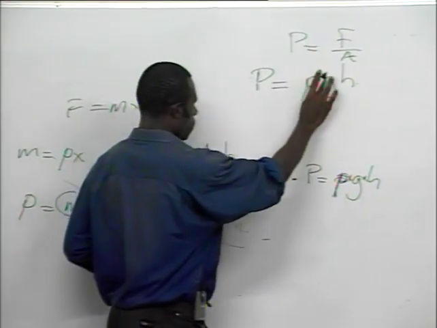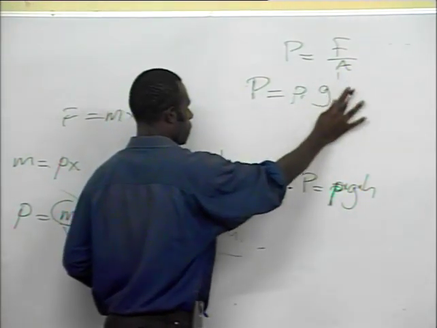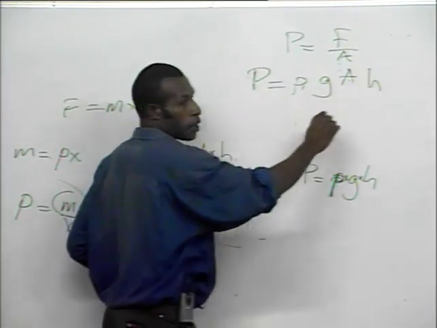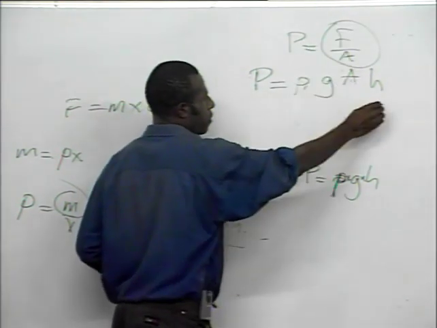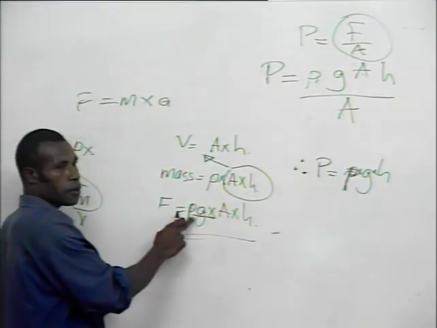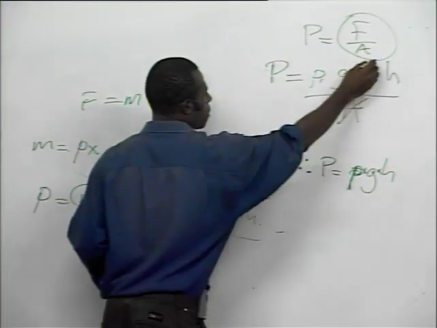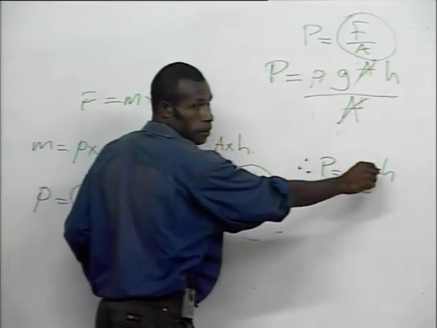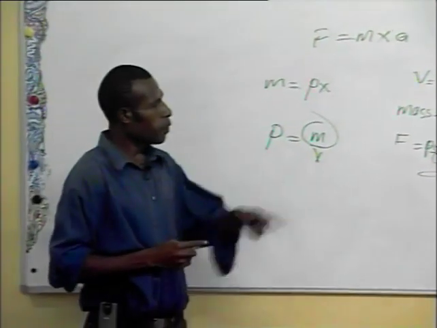So when you include the force, it will be density times g times A times height, over A. When you cancel the area, you arrive at pressure equals density times g times h. So that is how the formula is derived.